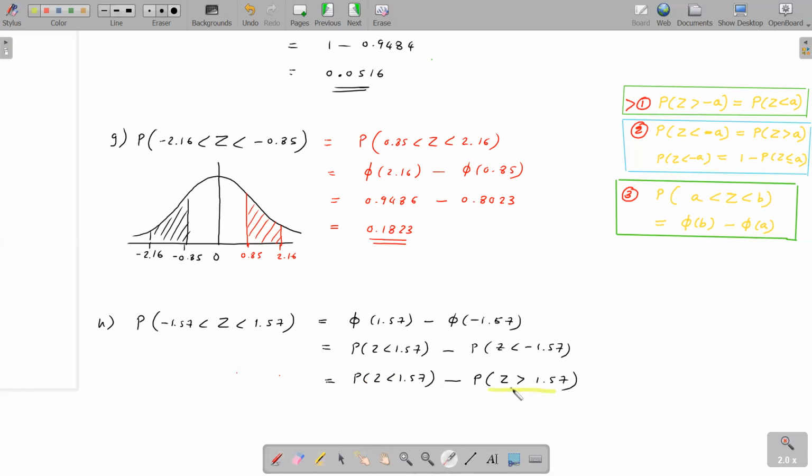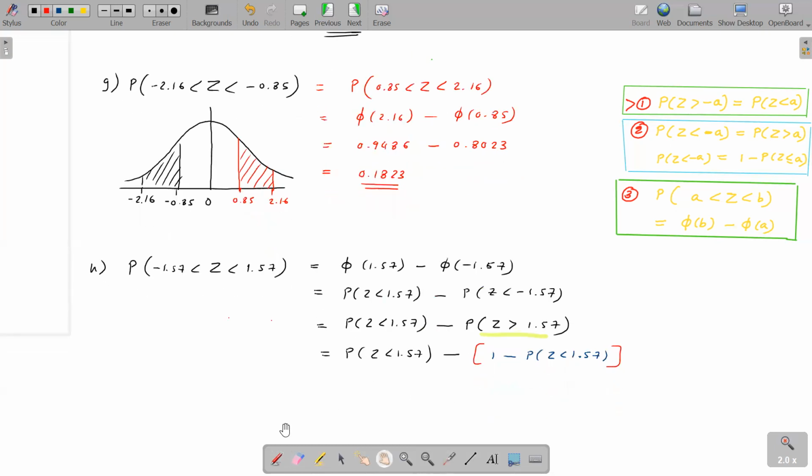After you come to this point, Z greater than values are again not found in the table. The table has Z less than. So how do you convert to Z less than? I'm writing the same thing again. This one I rewrote here, and then minus, use a large bracket, and the probability Z greater than 1.57 is 1 minus the probability Z less than 1.57. That's it. Now let's get the answer.